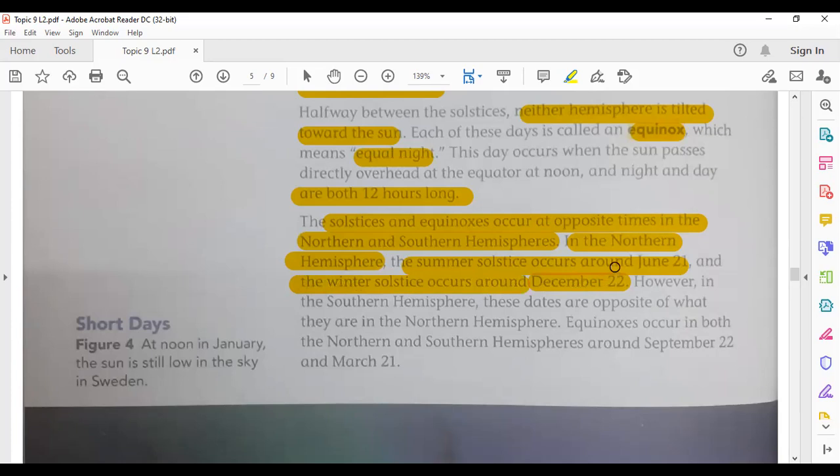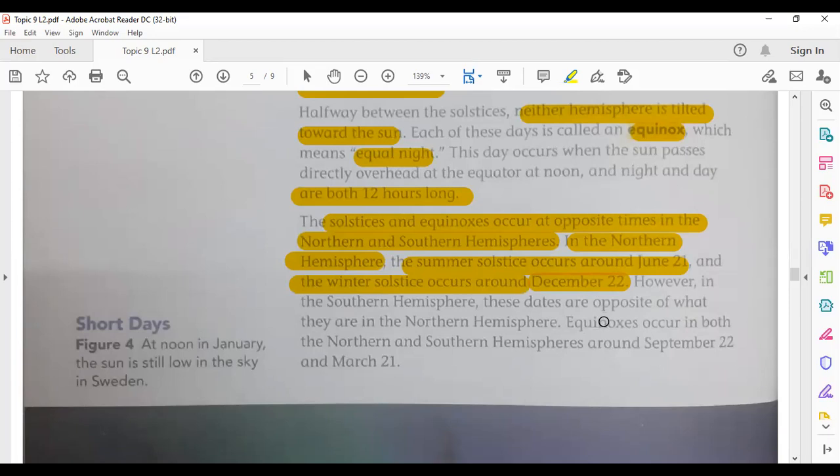In the northern hemisphere, again, we have summer solstice on June 21 and winter solstice on December 22. Notice that on December 22 it is summer solstice in the southern hemisphere. So they are opposite. What about equinoxes?